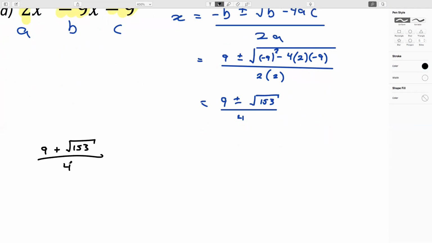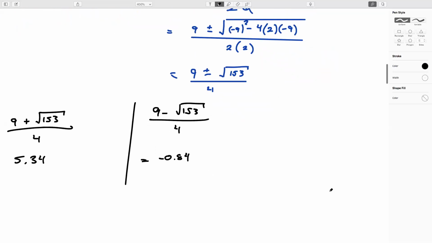So 9 plus root 153, that's 21.4, divided by 4, gets us 5.34. In the other case, 9 minus root 153 over 4 gives us negative 0.84.